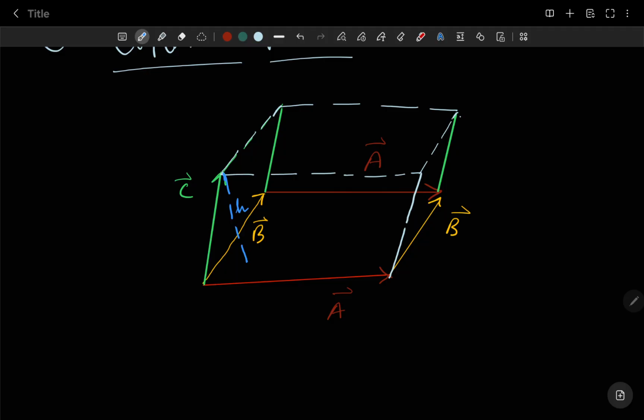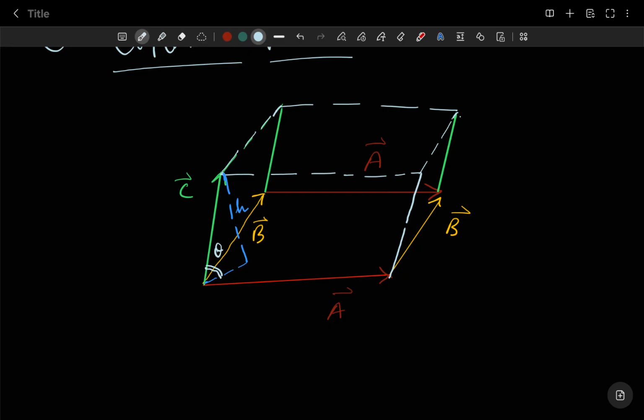From that you are getting the 3D visualization of this picture. This is actually H, the perpendicular dropped from the tip of C to the floor. Now see, the angle between the floor and C is theta. So I can always draw a triangle like this. This angle is theta, the angle between the vector C and the floor.